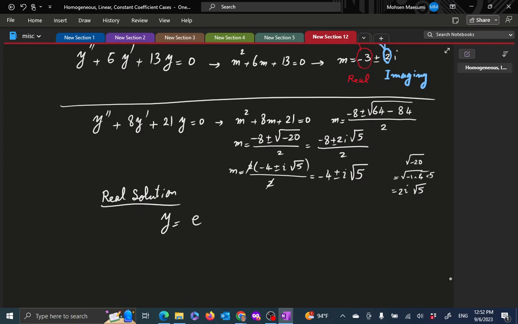So exponential of minus 4x times a, or m, cosine of radical 5x plus b, or n, times sine of radical 5x.